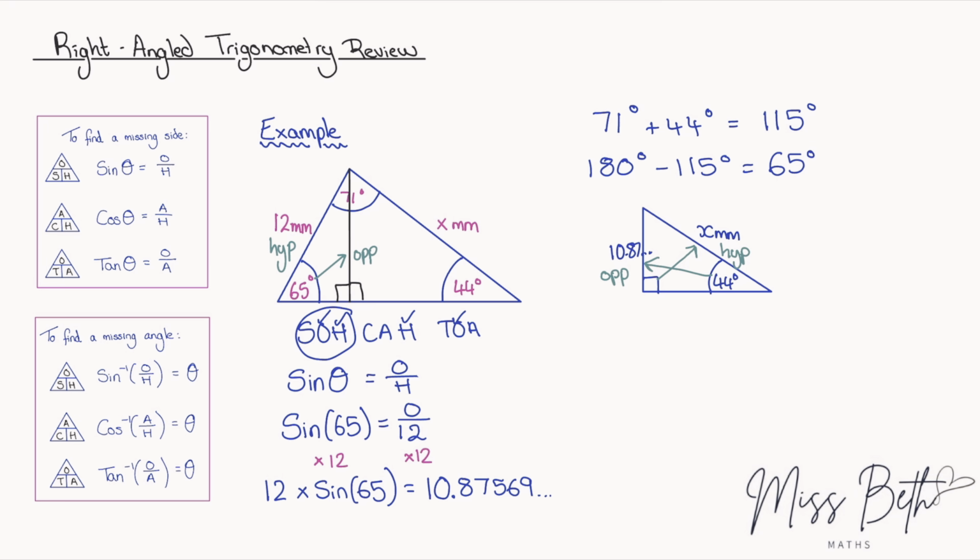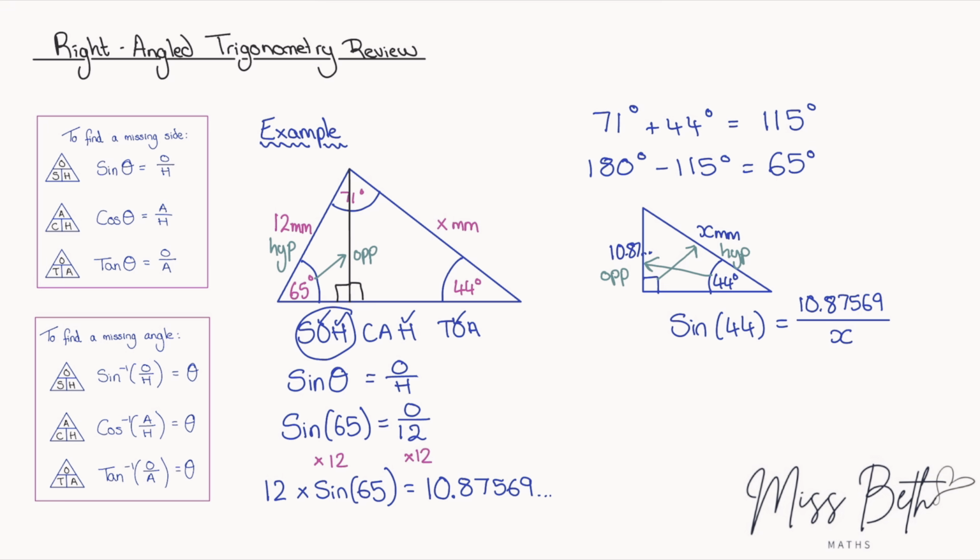Okay, so it is going to be the same ratio to be used as last time, just a different arrangement. Okay, so this time we have sine of 44 is equal to the opposite, which is this 10.87569, all divided by x.